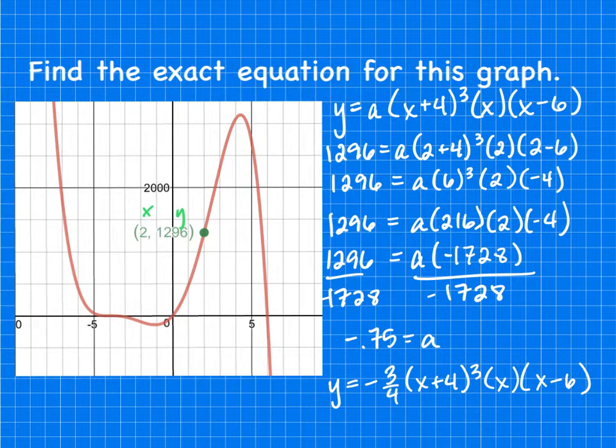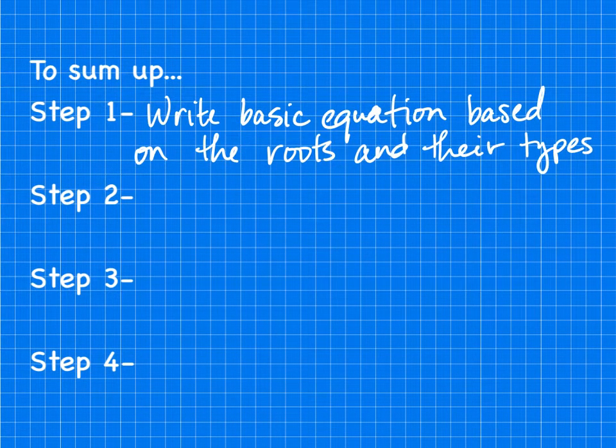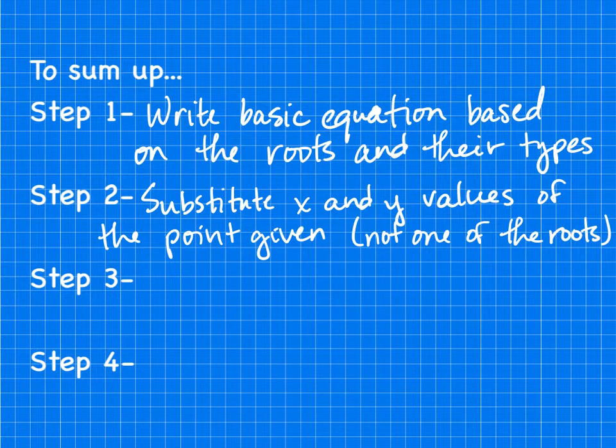And that is it. So to sum up, we did this at the very end of the period. Write the basic equation. So you write the basic equation based on the roots and their types. Step 2 is to plug in your x and y values based on the point given.